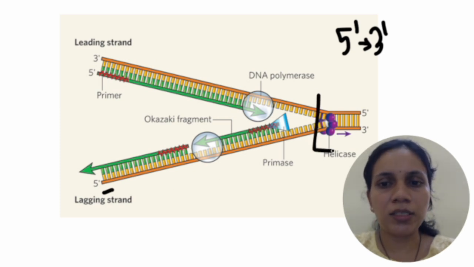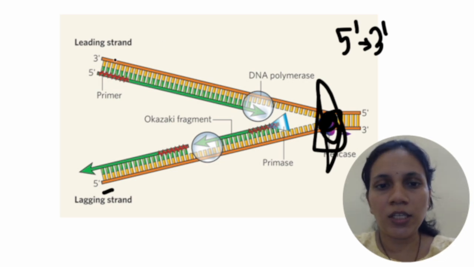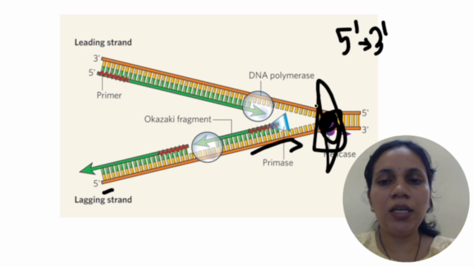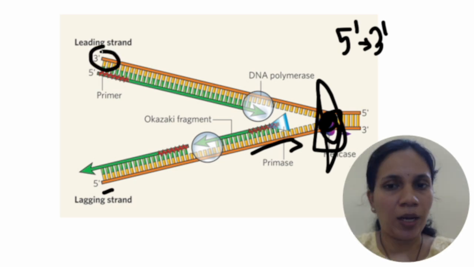Suppose now your DNA polymerase is stalled over here. This particular strand is 3 prime 5 prime, and this one is 5 prime 3 prime. Now we know that this DNA dependent DNA polymerase can add dNTPs only in the 3 prime direction. It will add only in the 3 prime direction.